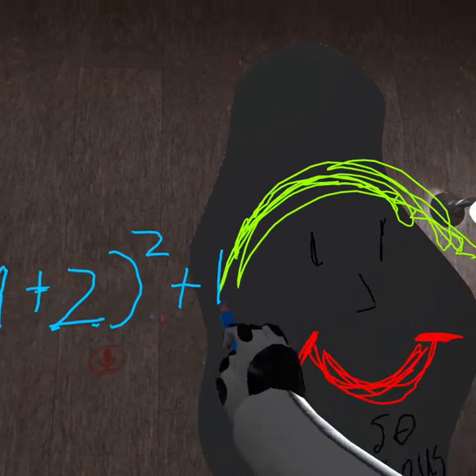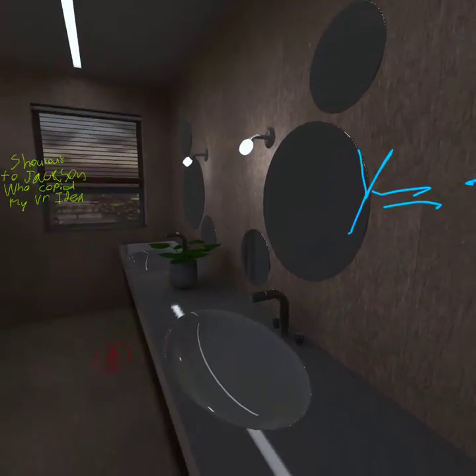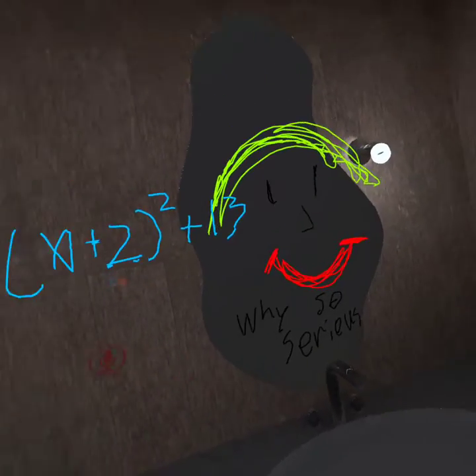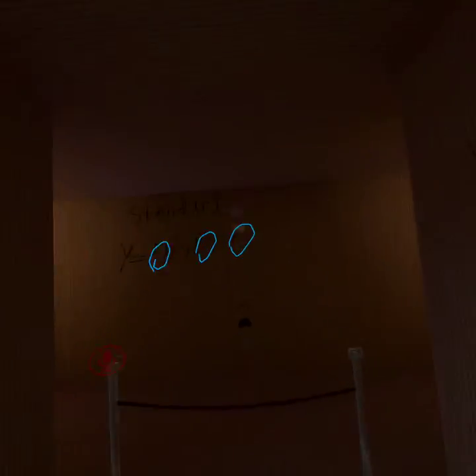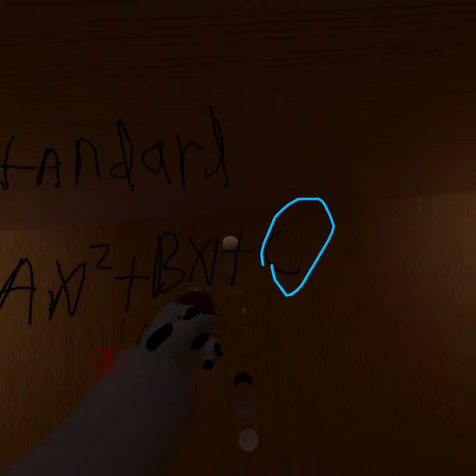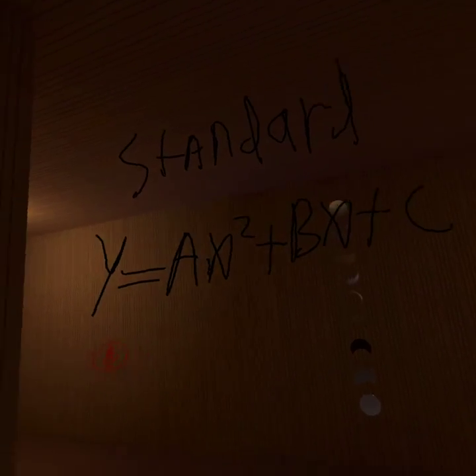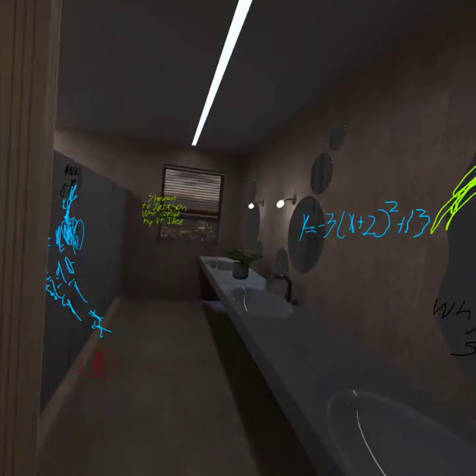Yeah, that's right. Well, yeah, we got vertex form now, but now we have to convert it into our good old buddy standard form. Standard form. How do we do that?